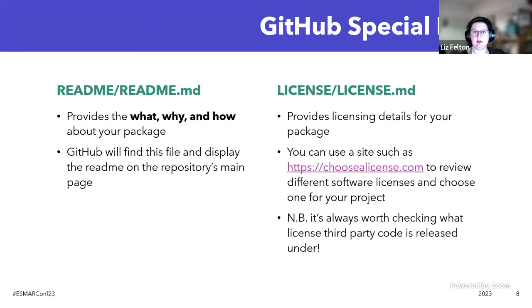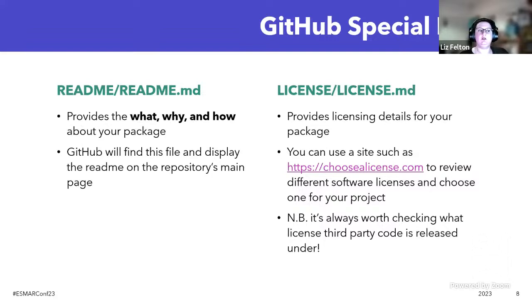And then the other file is license, which provides licensing details for your package. You can use a site to review different software licenses and choose the one that you think best aligns with your project. And again, it's a copy and paste situation, put that into the license file.